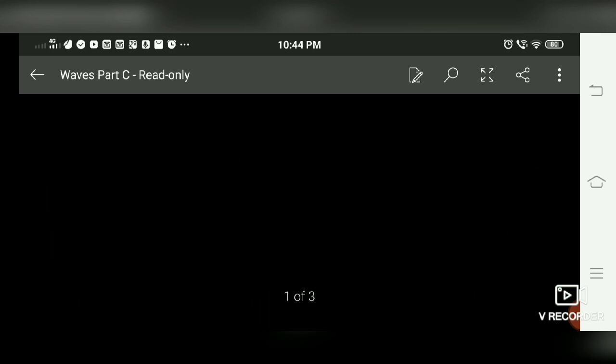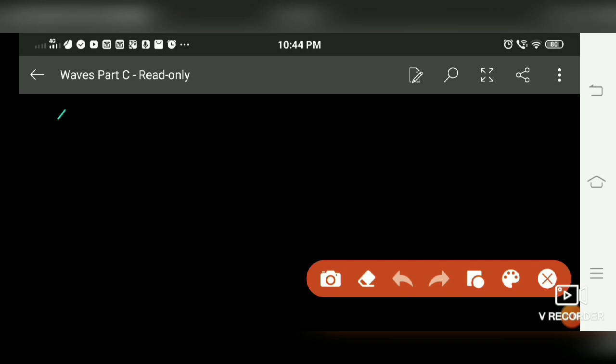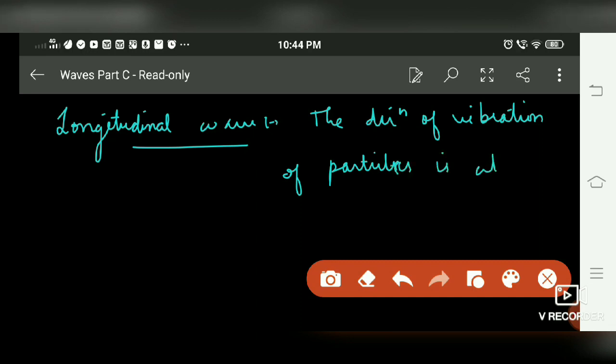Next is longitudinal waves. In longitudinal waves, the direction of vibration or oscillation of particles is along the direction of propagation of the wave.